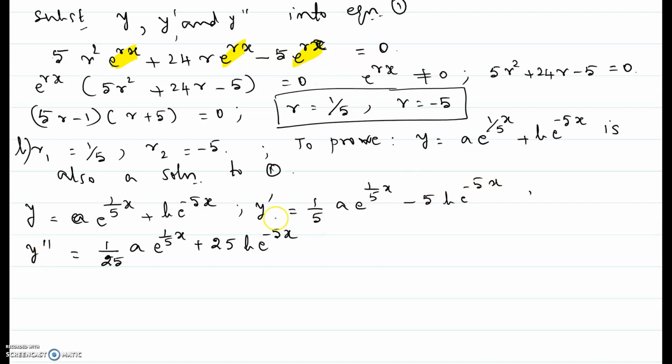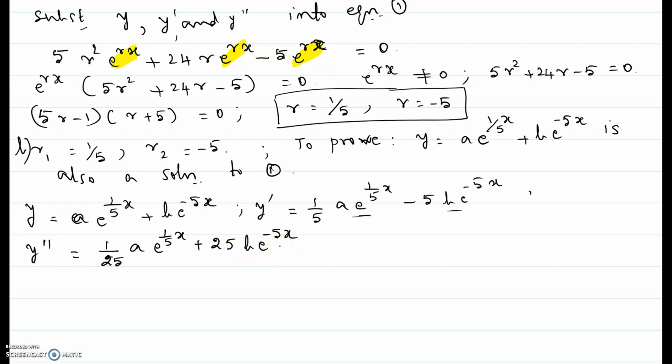Then y double prime, the derivative of the derivative: 1 by 5a e to the 1 by 5x times 1 by 5 gives 1 over 25. Then minus 5 times minus 5 will be positive 25b e to the negative 5x.